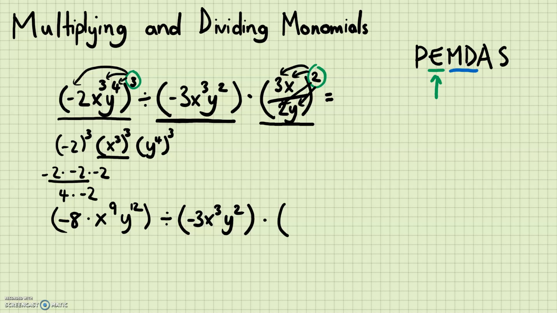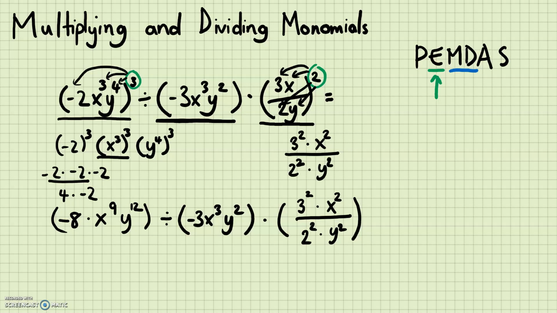So that's going to be 3 squared times x squared over 2 squared times y squared. Down here, I'm going to use the simplified version. That's going to be 9, since 3 squared is 9, times x squared over 4 times y squared.